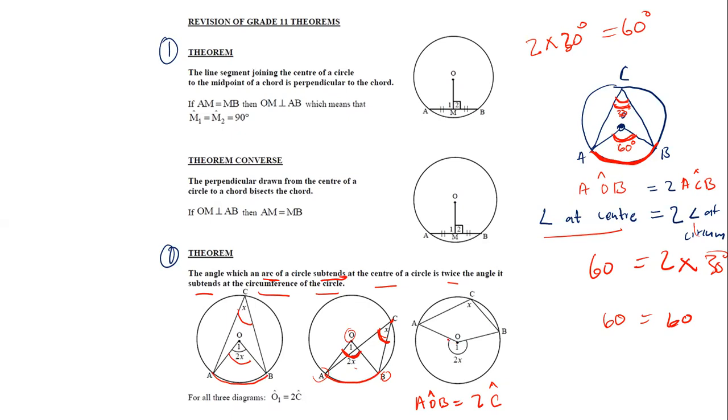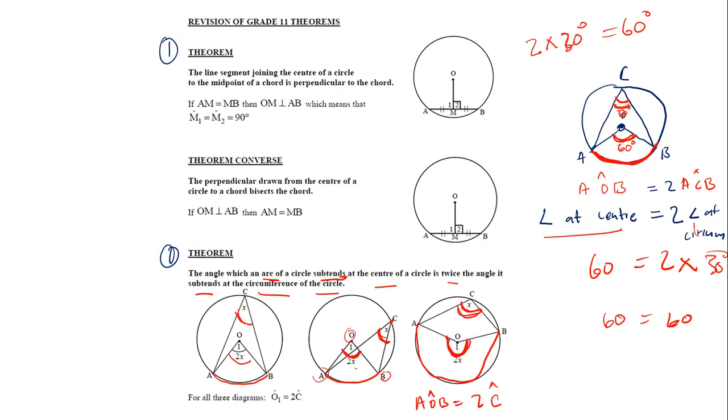Even in this diagram, this is the angle at center, and it's twice the angle at the circumference. Look at this angle at center. It is subtended by this big arc, which is arc AB. It subtends this angle at the center, and it also subtends that angle at the circumference.